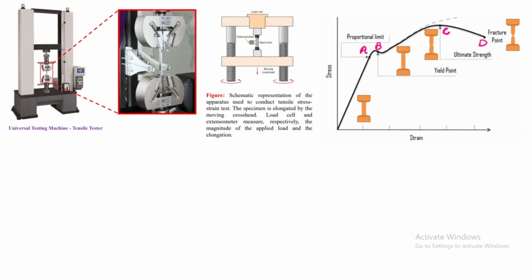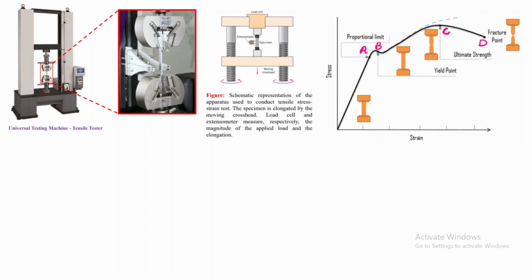Plastic is the region in which the material does not regain its original shape when the external force is removed. Up to point B, the material regains its shape, but beyond point B, it does not.